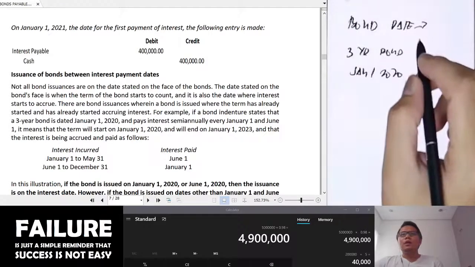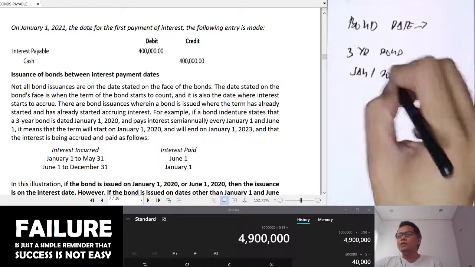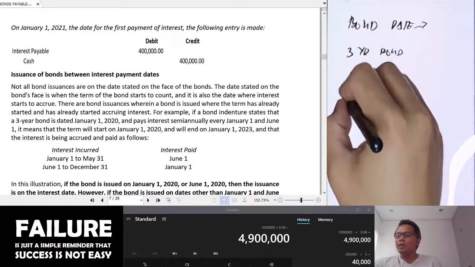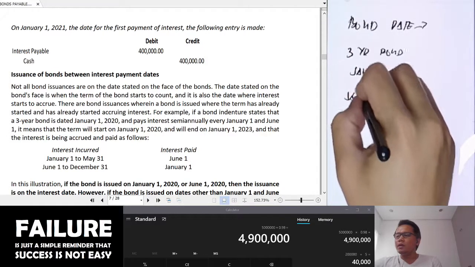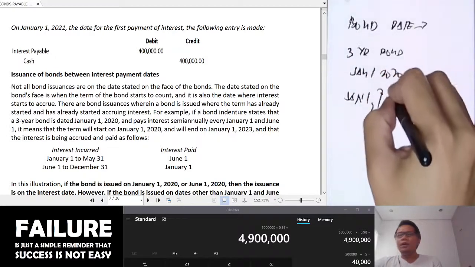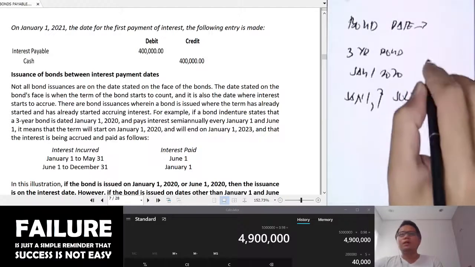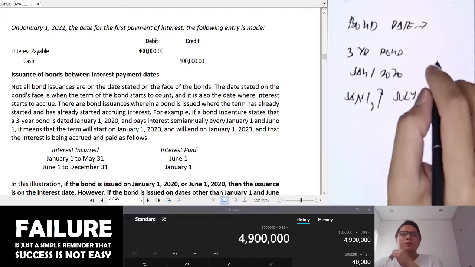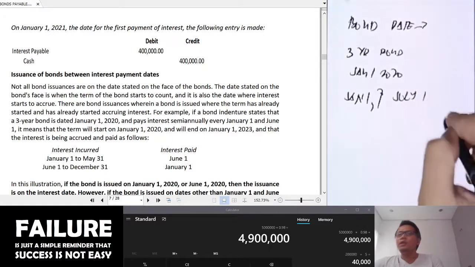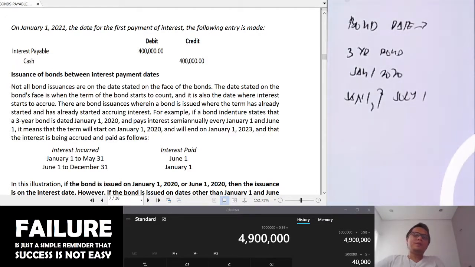And it pays interest semi-annually, every January 1 and July 1, no, that is not June, that is July 1.